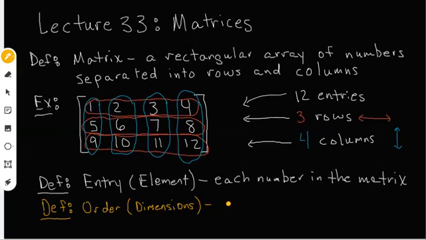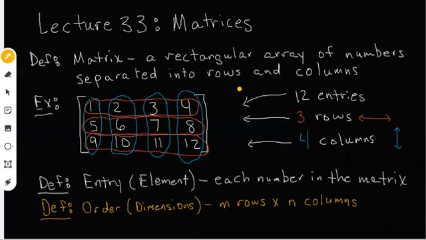Okay, the order is however many rows, let's say M, and however many columns it has, let's say N columns, where M and N are just numbers. Okay? So if we know how many rows a matrix has, and we know how many columns a matrix has, we can figure out the dimensions of the matrix, or the order of the matrix.